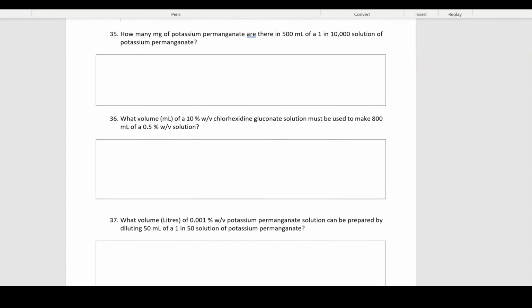How much potassium permanganate is in 500 mL? How many grams, or rather milligrams, are in the 500 milliliters, and the ratio is 1 gram in 10,000.